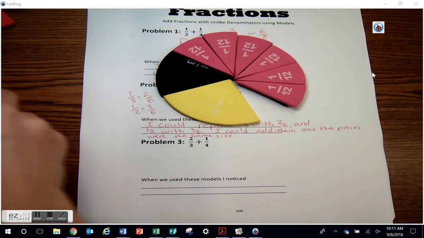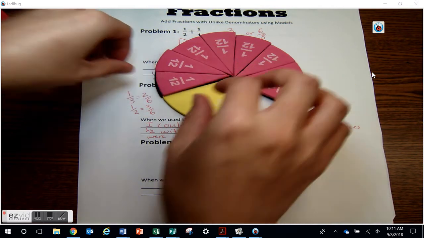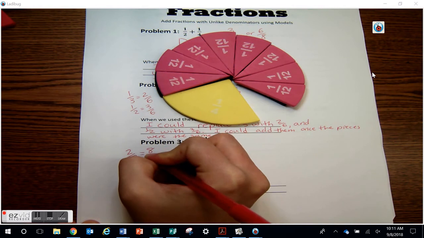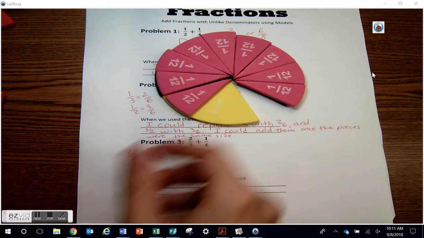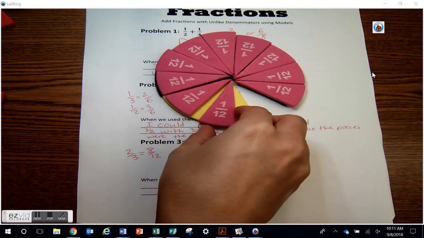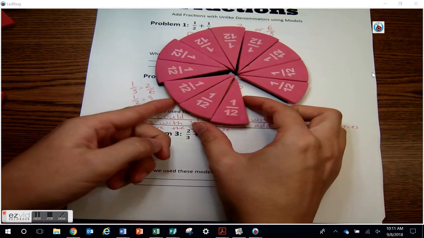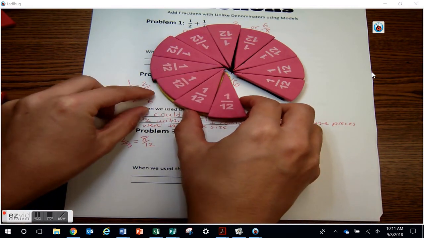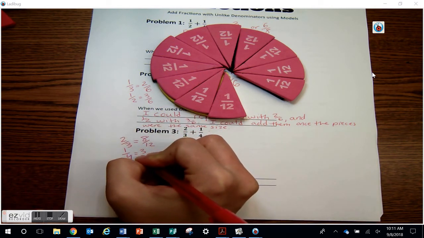This 2/3 is equal to 8/12. And that 1/4 is equal to 3/12.